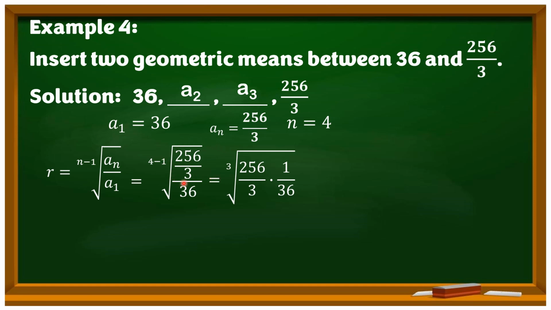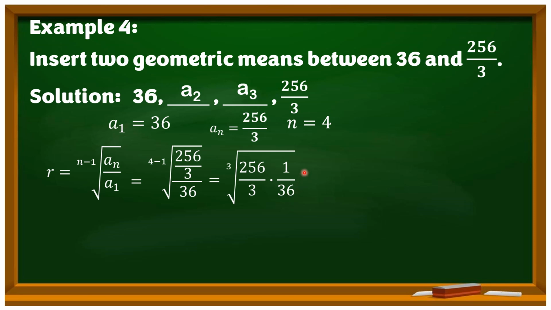And then we will copy the numerator, which is 256 over 3. Next, we're going to determine the reciprocal of the denominator. The reciprocal of 36 is 1 over 36. If you multiply 256 by 1, the answer is 256, and 3 times 36 is equal to 108.